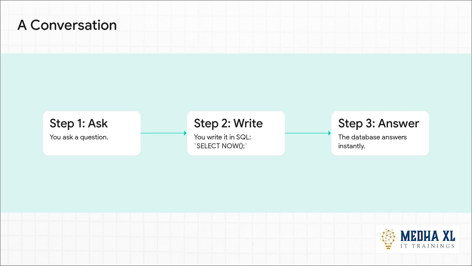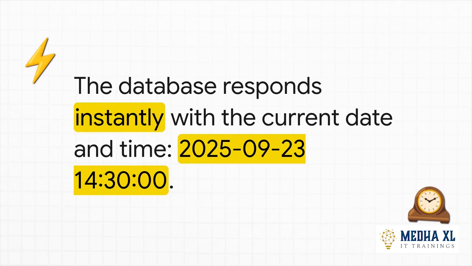It looks like this: SELECT NOW();. Simple, right? And then step 3, the database answers right away. And just like that, bam, the database shoots back the answer, the current date and time, formatted perfectly. You asked a simple question in its language, and it gave you a perfect, direct answer. That's it. No fuss, no confusion.